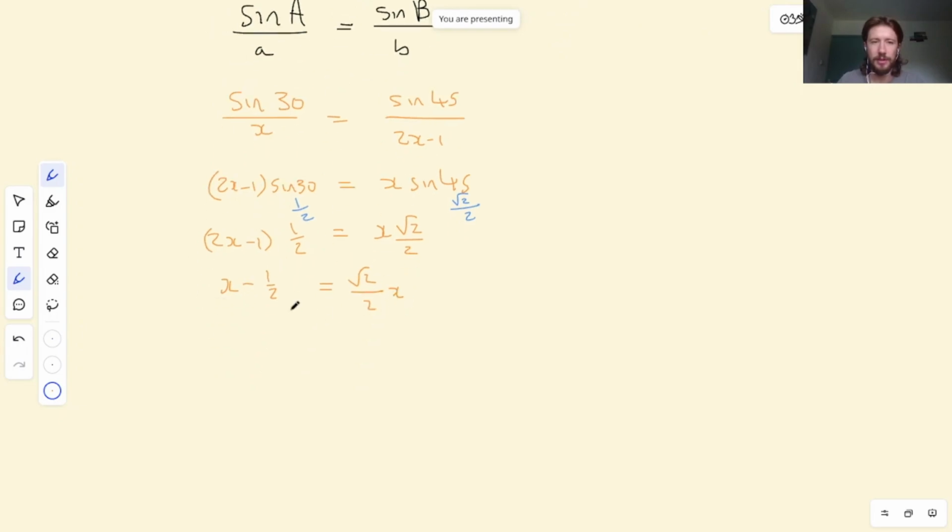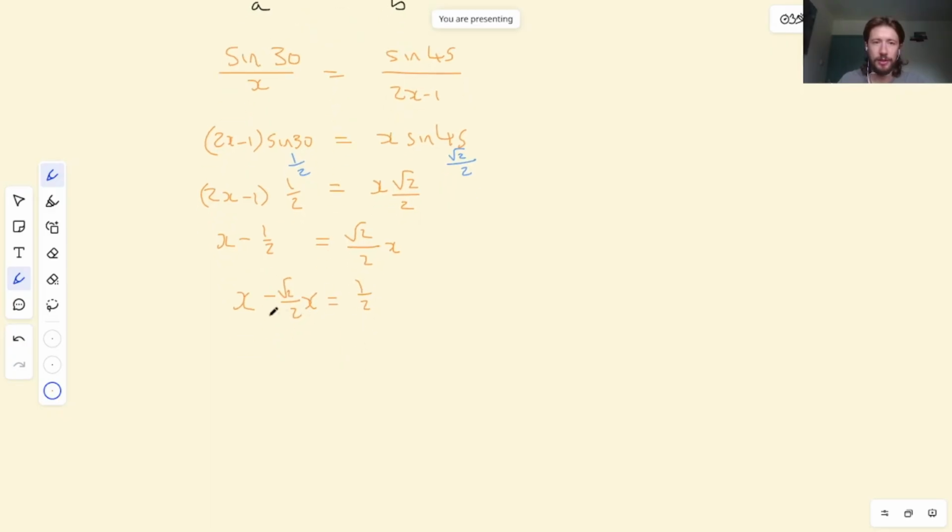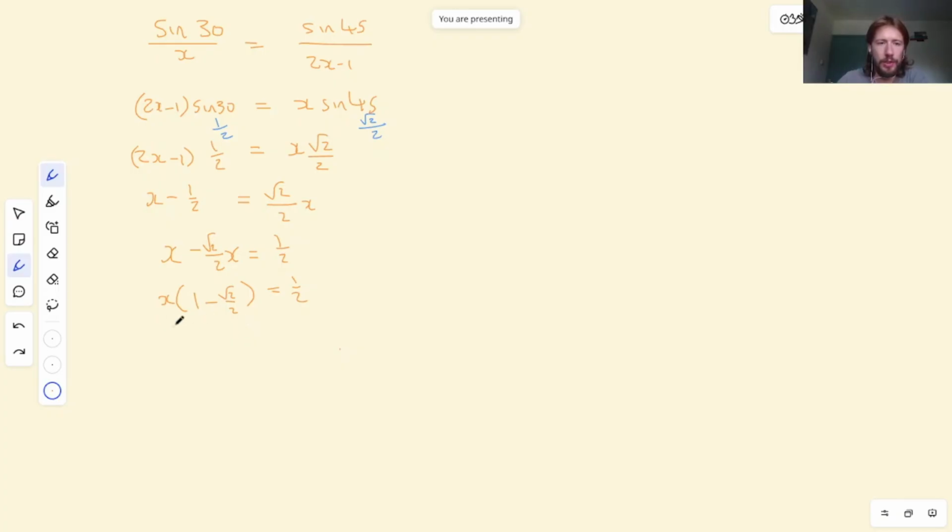Now we bring the x's to the same side, and we can bring the minus 1/2 to that side by adding. So we get x minus root 2 over 2 x equals a half. Now, in order to solve this, we need to factorize. So we take the x out, x times 1 minus root 2 over 2 equals a half, like that. And then we just need to divide through by this whole thing.